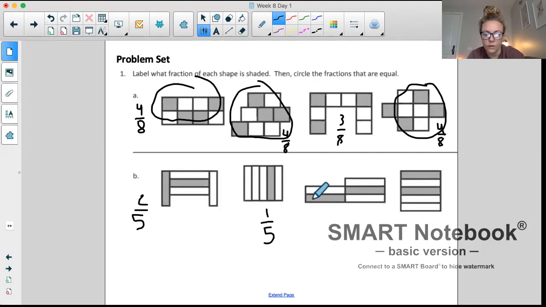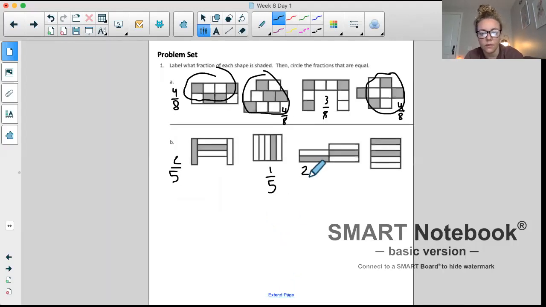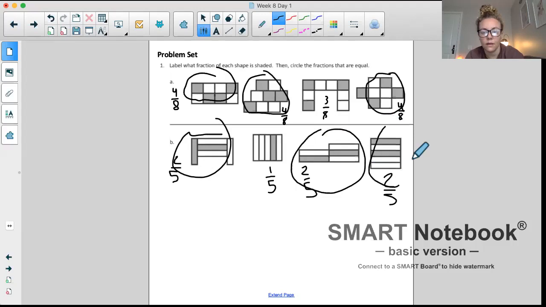Okay, 1, 2 shaded out of 1, 2, 3, 4, 5, 2/5 again. Cool. And last one, 1, 2 out of 1, 2, 3, 4, 5. Okay. Same thing. Go ahead and circle all the ones that are the same, all the 2/5. There we go. Okay.